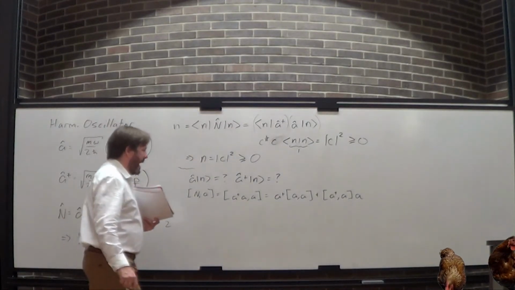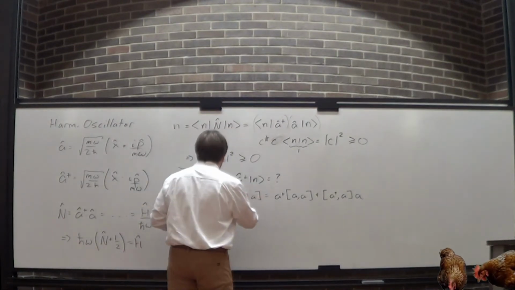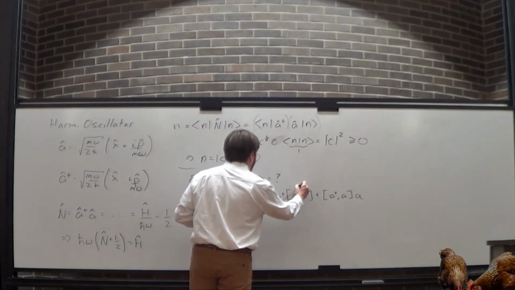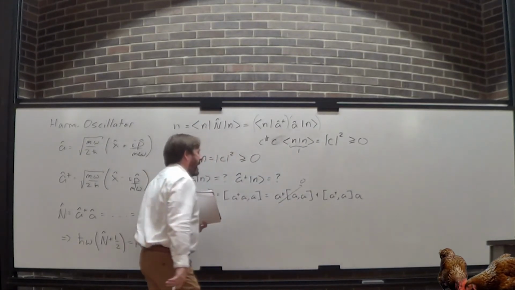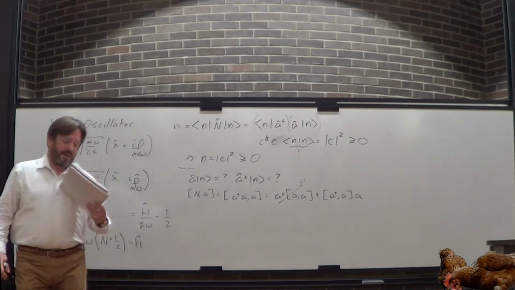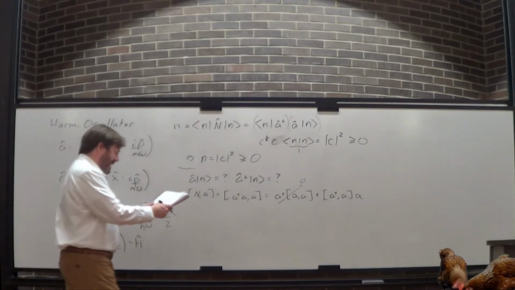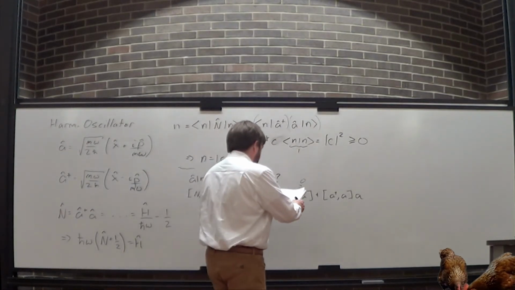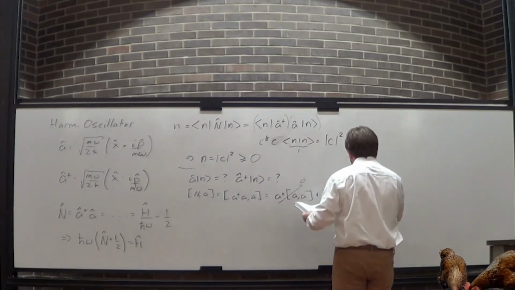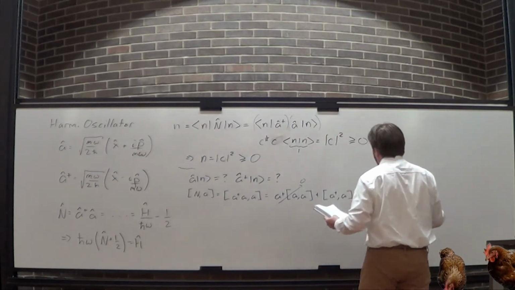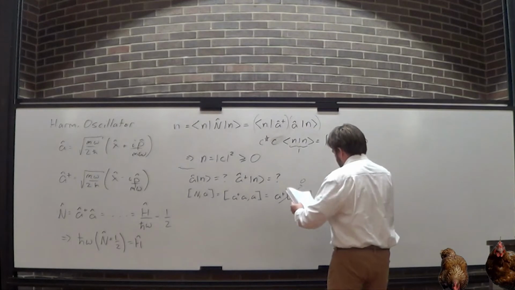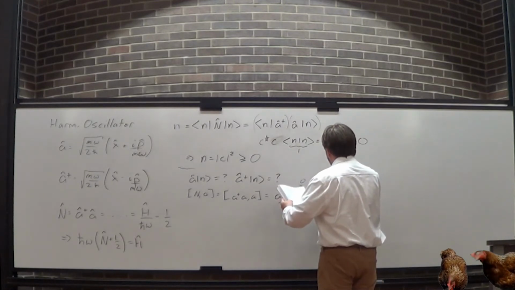And I'm not writing the hats, I should be writing hats on everything. It's going to drive me nuts to write a bunch of hats. And clearly that's 0. A squared minus a squared is 0. That's not too hard. Okay. Now, previously we went over this.